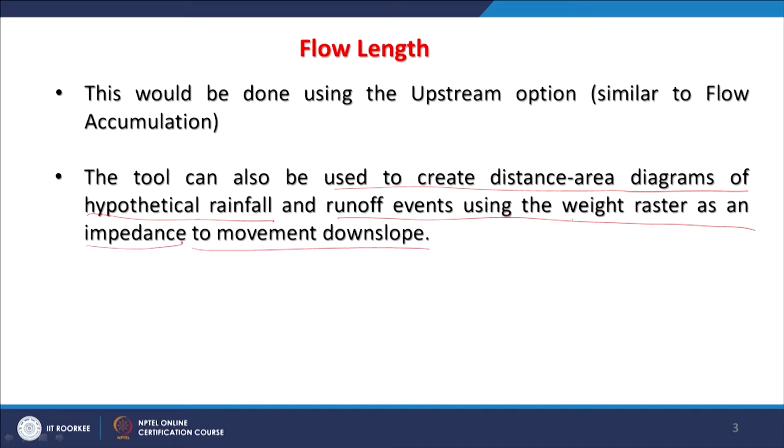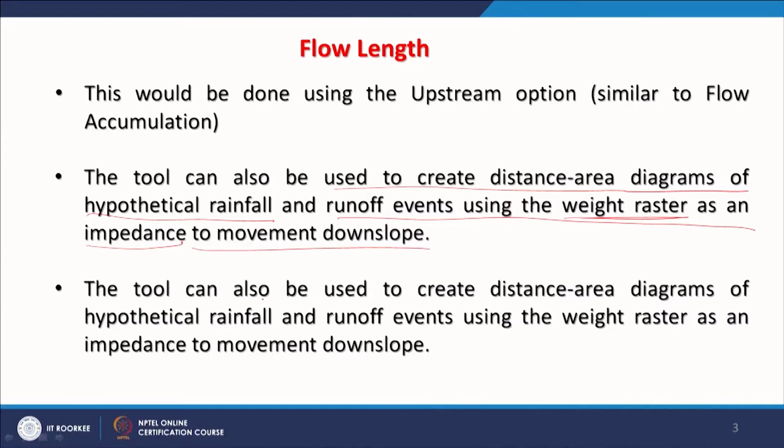This weight can be based on the land use conditions, the weight can be assigned or the impedance can be estimated, and that will allow us to do this modeling more accurately, more realistically.